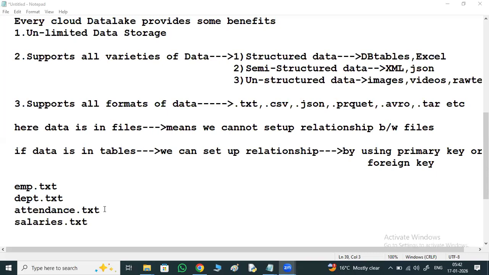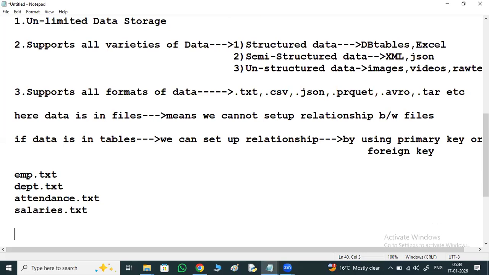Here we cannot set up relationships between the files.